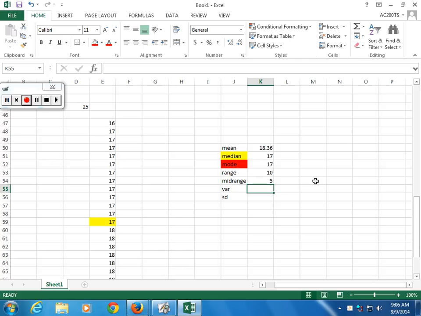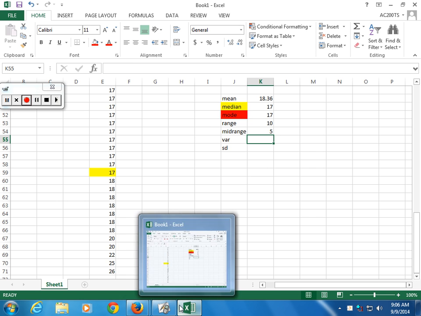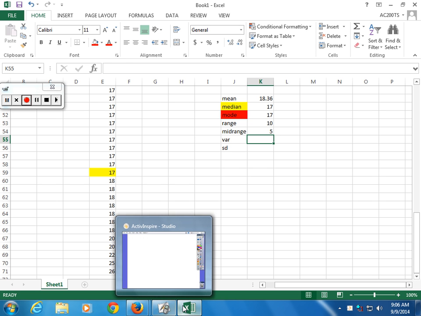Yeah, that is right. I just had a brain bubble. Variance. That's where we get into the variance and standard deviation of the data set. This is called a data set.